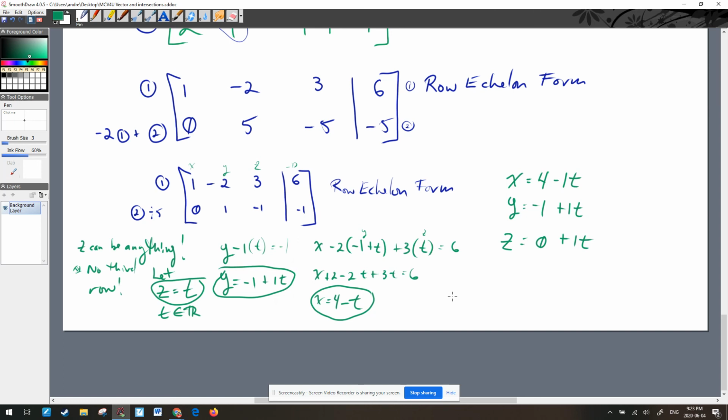So to make it more obvious, (x, y, z) is equal to, I guess, (4, -1, 0) plus t times the direction vector (-1, 1, 1). And for all of these things, t is a member of the reals.